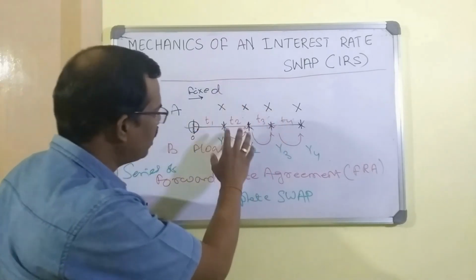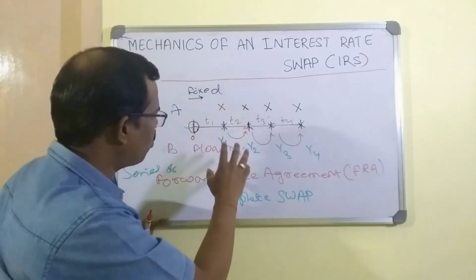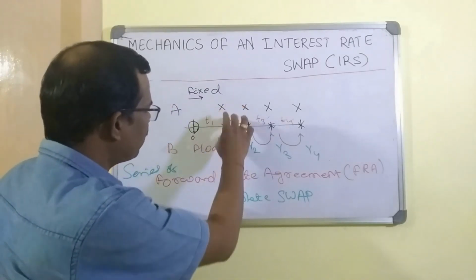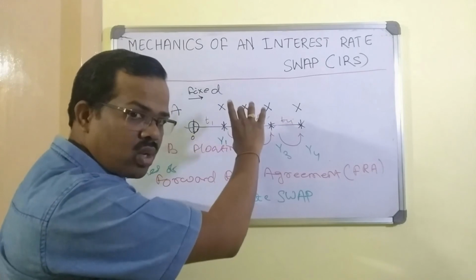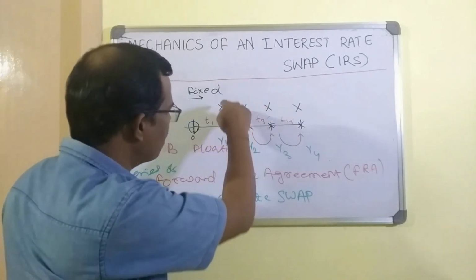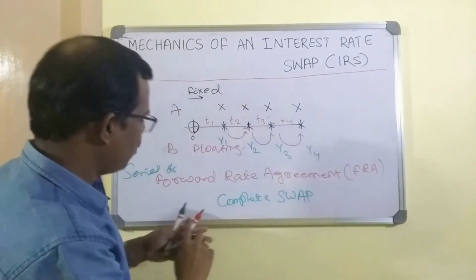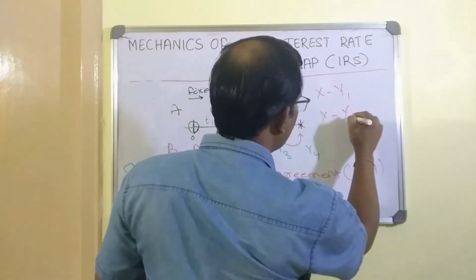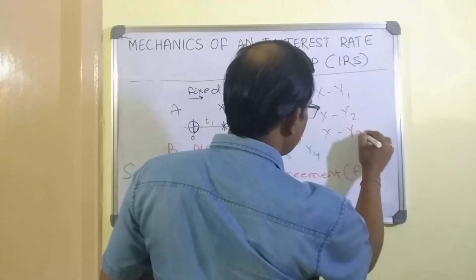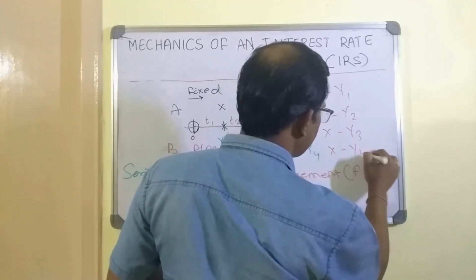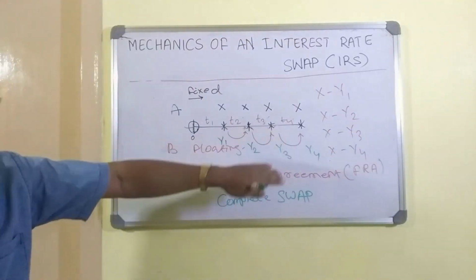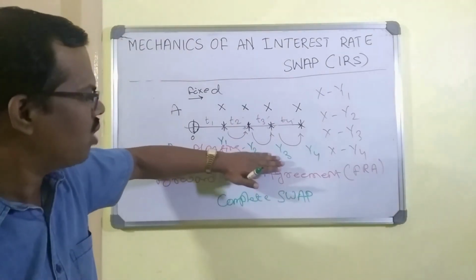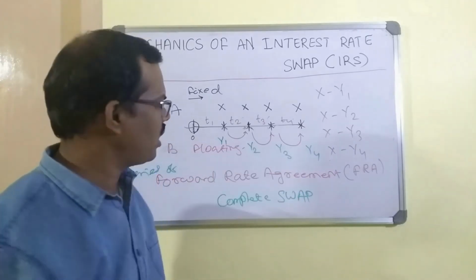Because only when you figure out the obligation of B will you be able to figure out the difference amount that is going to be settled at each point in time, right? Recall that we have mentioned X minus Y1, X minus Y2, X minus Y3 and X minus Y4. These are the settlement amounts at each point in time, right? So you have to know the values of Y1, Y2, Y3 and Y4 for sure.